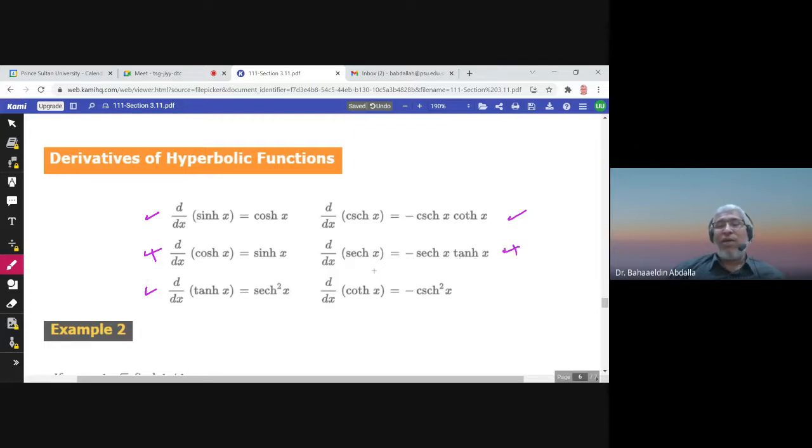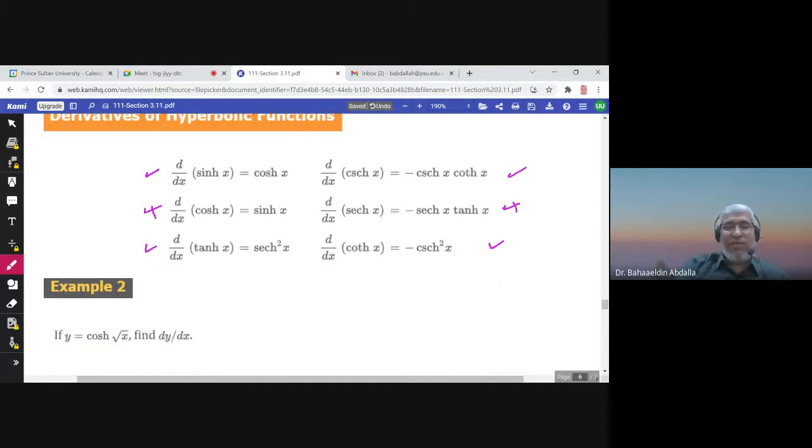So here, the derivative of hyperbolic secant is negative hyperbolic secant times hyperbolic tan. The derivative of hyperbolic cotan is similar to the derivative of cotan. So you can say that the difference here is in hyperbolic cosine and its reciprocal. They differ from the derivatives of the trigonometric functions by a minus sign. Okay, but the others are similar in the signs.